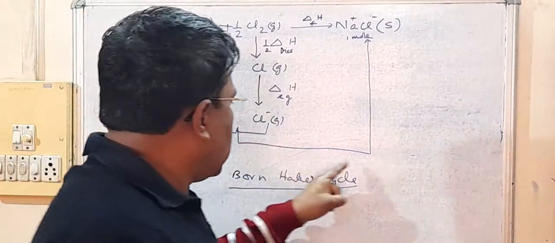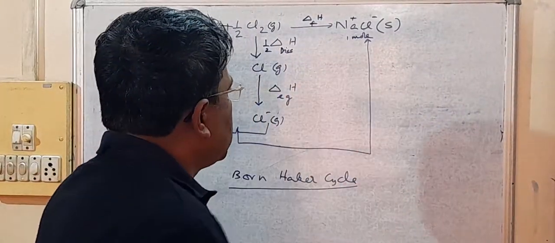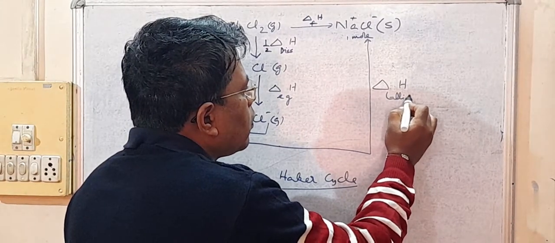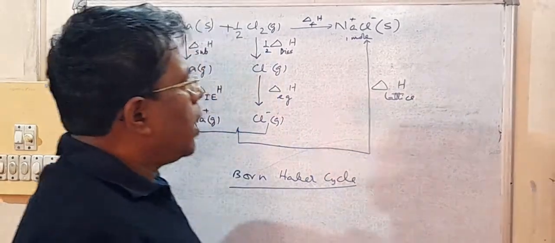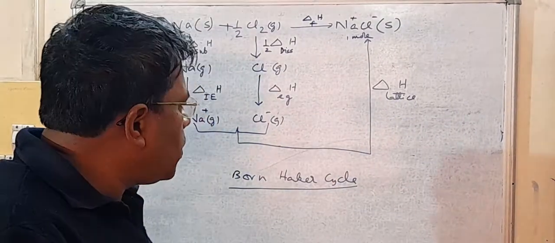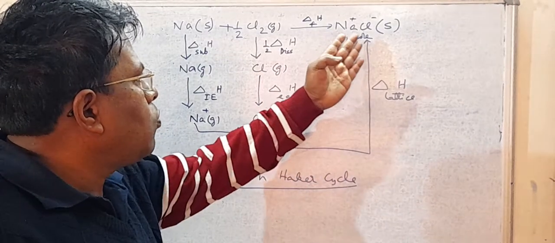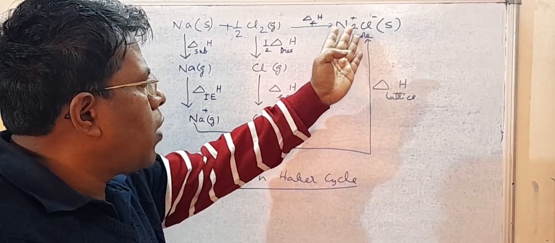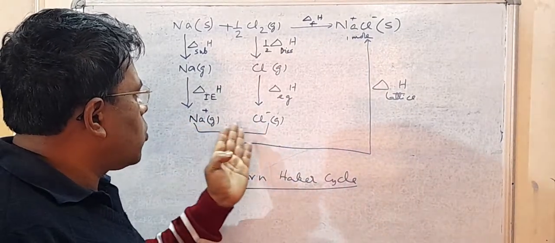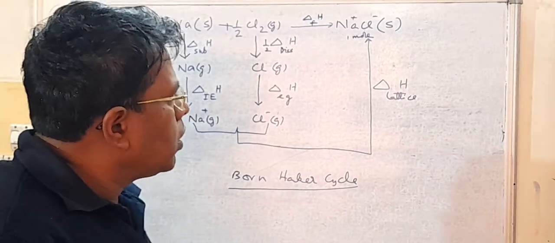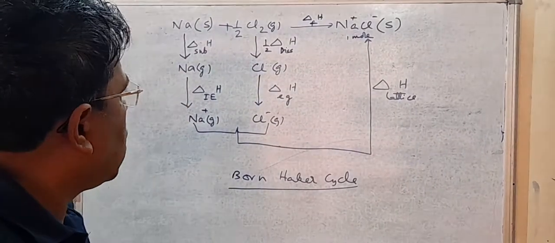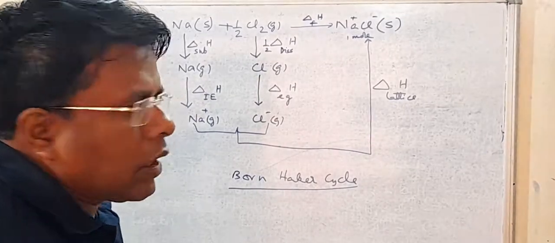And the enthalpy change in this step is called lattice enthalpy. So what is the definition of lattice enthalpy? Lattice enthalpy is when 1 mole of an ionic compound is formed from its constituent ions in the gaseous state, then the enthalpy change is called the lattice enthalpy.